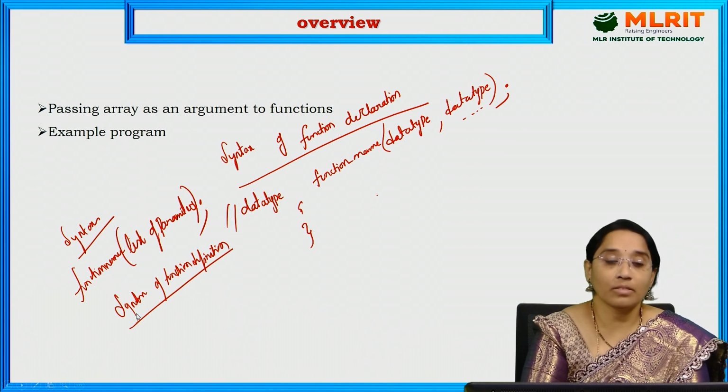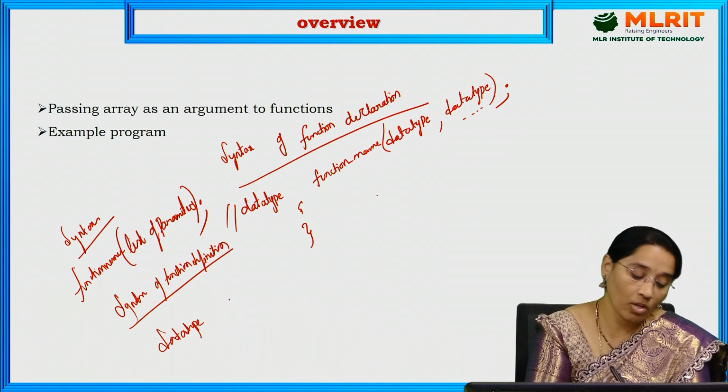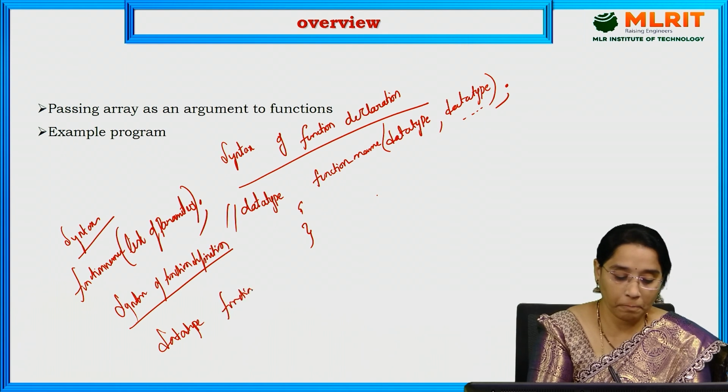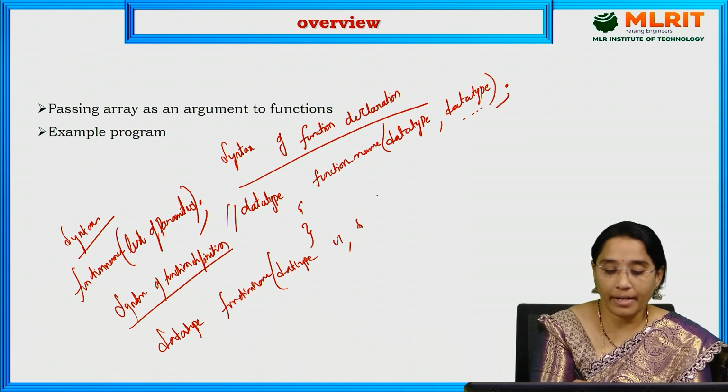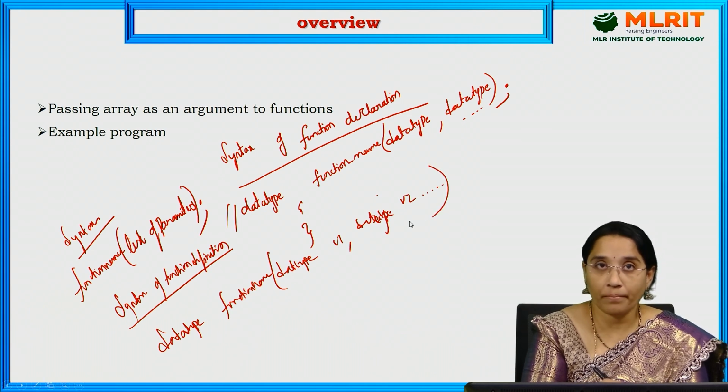What is the syntax of function definition? Data type, function name, data type, variable 1, data type, variable 2, and so on. This is function definition.